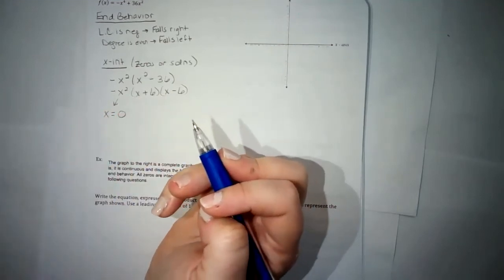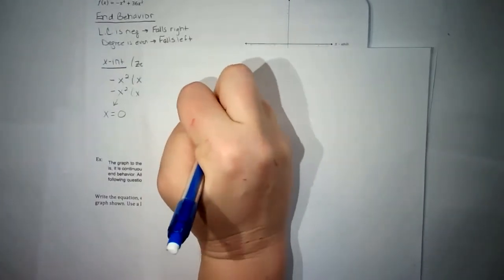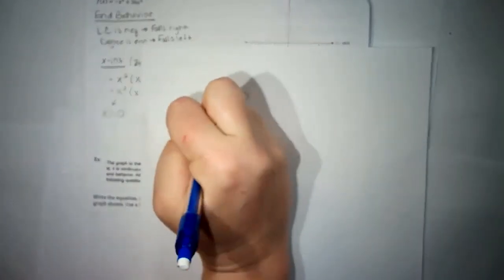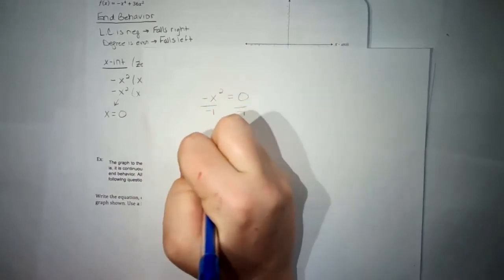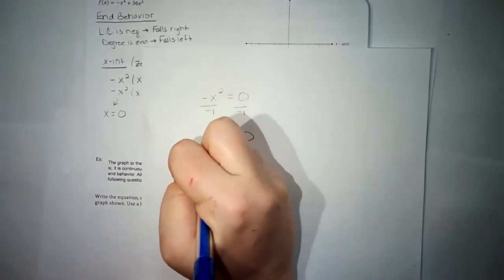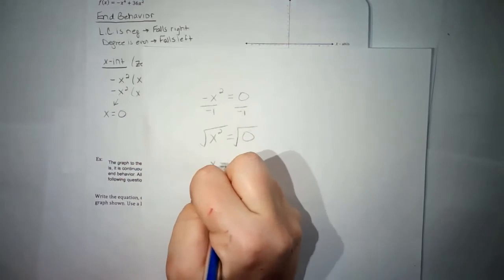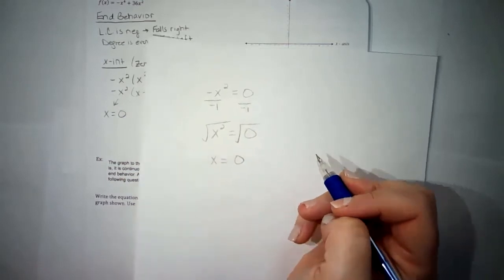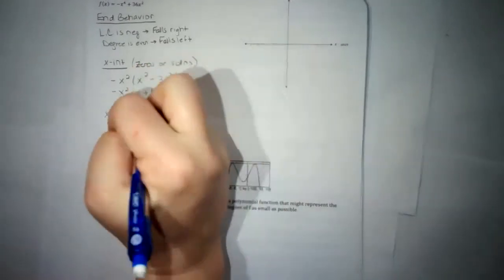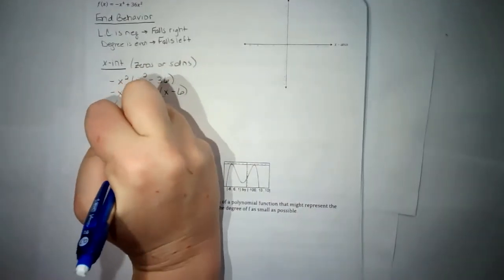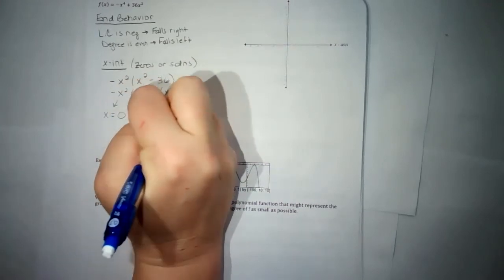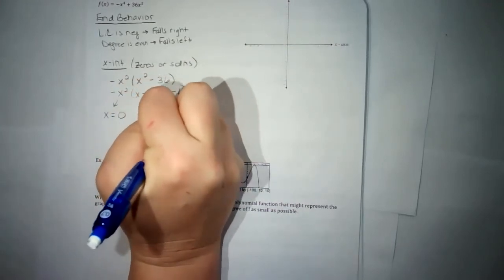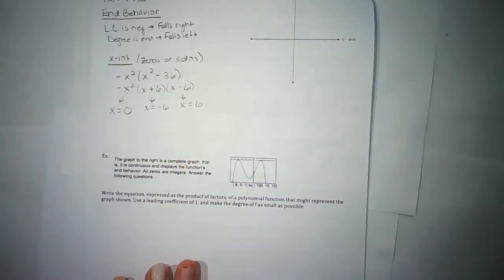Now if that bothers you, you could do negative x squared equals 0 divided by negative 1, still 0. Square root of both sides, still 0, right? So if you see an x out front, no matter how complicated it is, it's 0. Okay, what's the answer to this one going to be? Negative 6. And this one is positive 6. Okay, good.